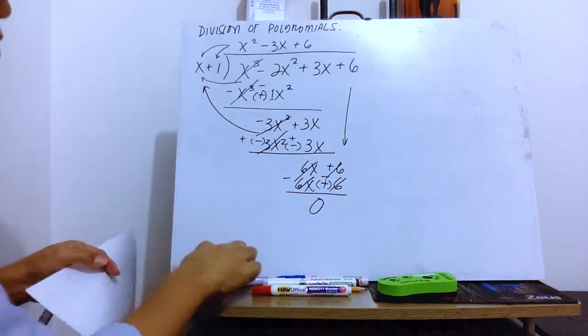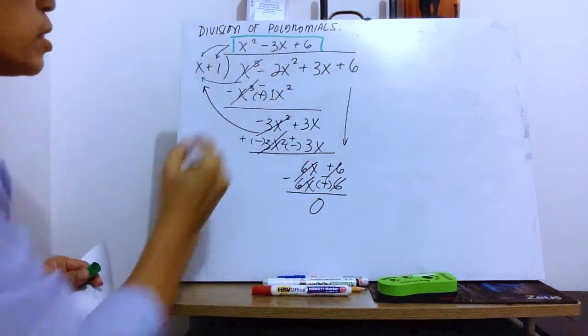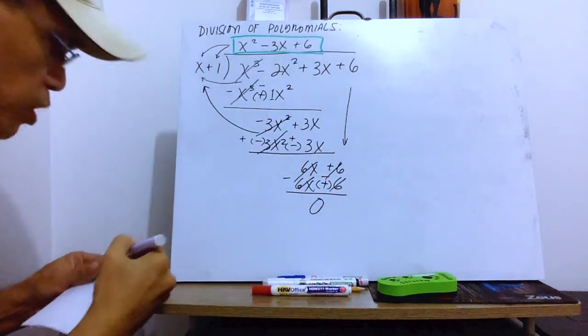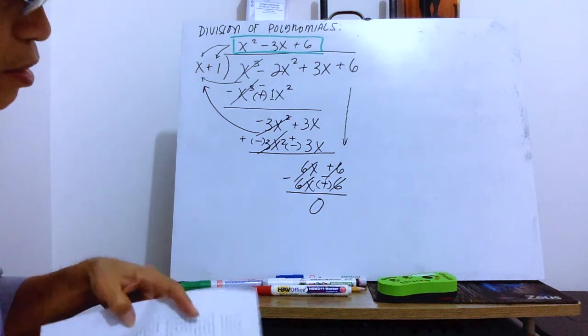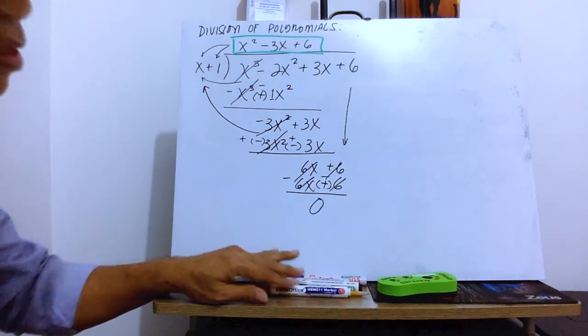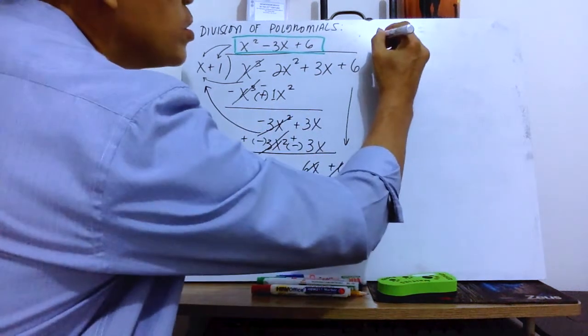So the answer is x squared minus 3x plus 6. How do we check that? By synthetic division. How do we do synthetic division?